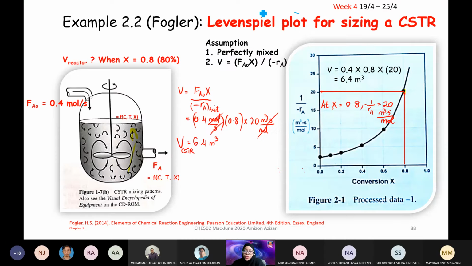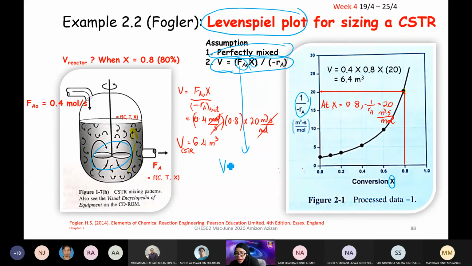Since we want to use the Levenspiel plot, assuming perfectly mixed because the CSTR has an impeller, the volume formula is simply FA0 times X over minus rA. So now, having the data that you collect from the experiments, you plot X versus 1 over minus rA. Why?